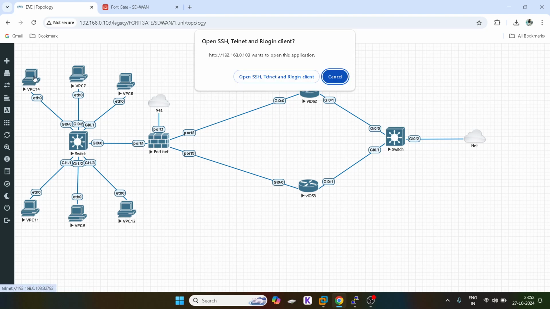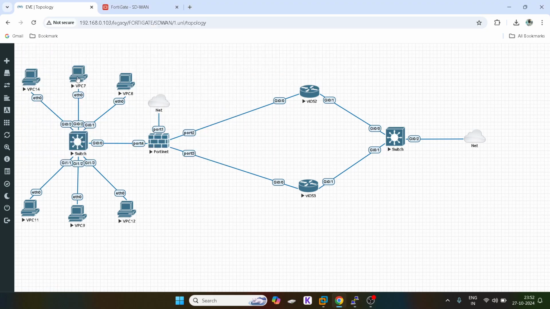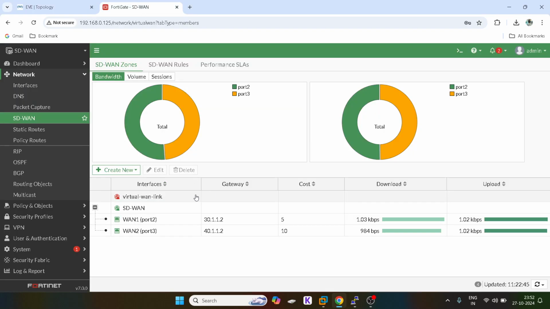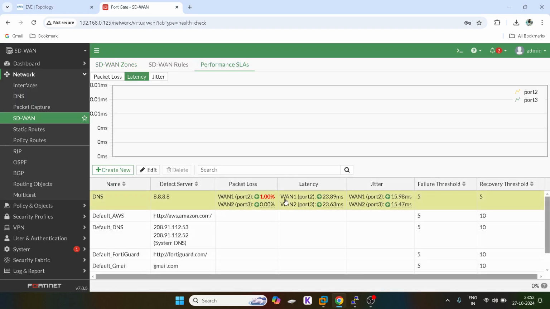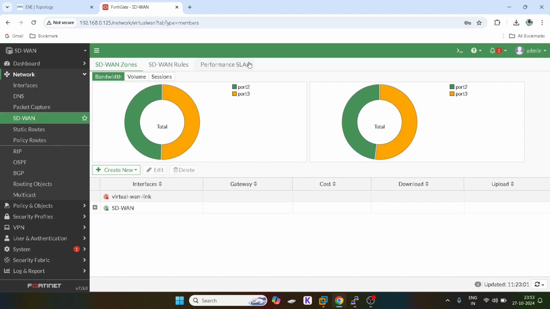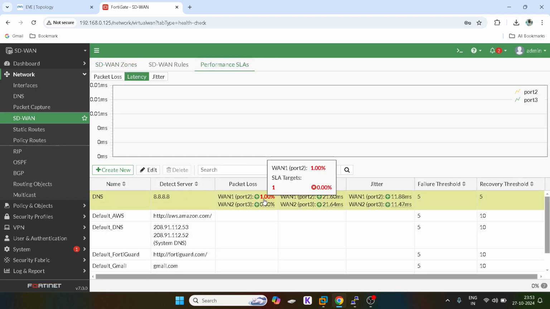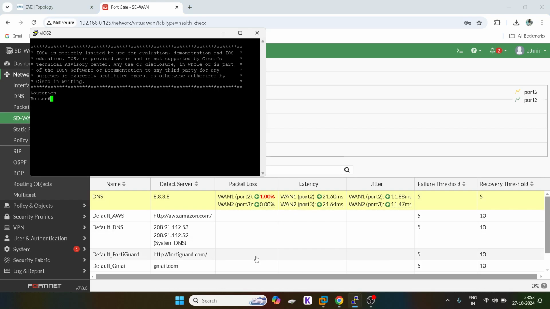I'll just open up these PCs. Now as of now everything is working fine. You guys can see the packet loss, there was a minimum packet loss. Not sure why it is there, but now it will not be there. Let me go over here.